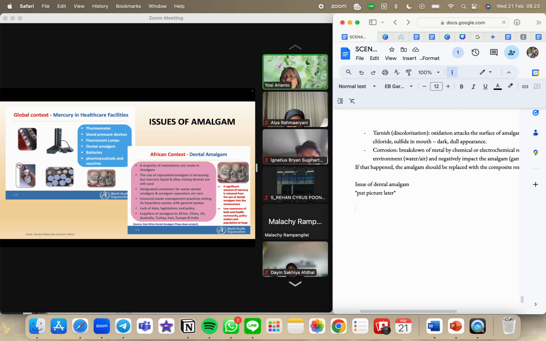But it lasts a very long time, and it is very cost-effective for people in Africa. But now we can replace the amalgam with composite resin, inlay or onlays, or ceramic.